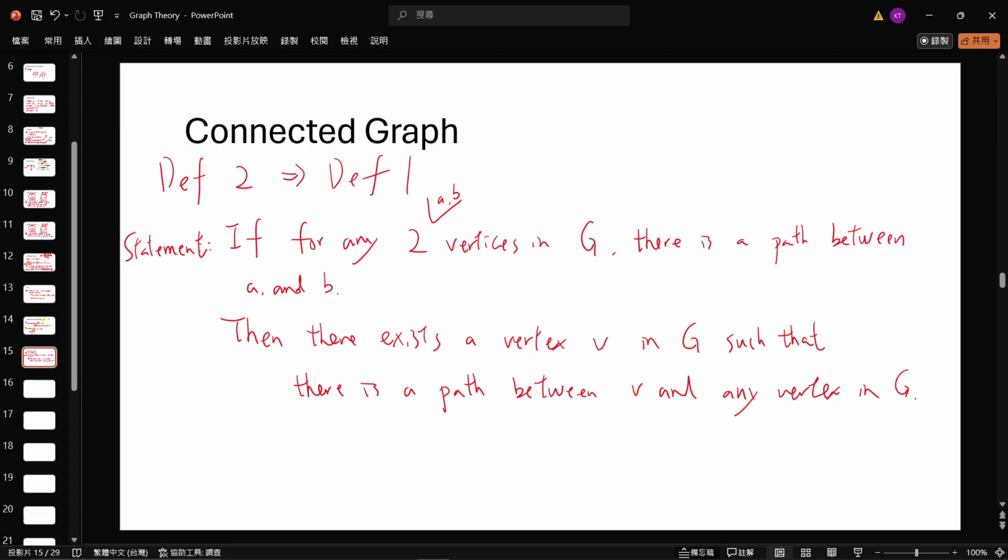Because for any two vertices, there's a path, so actually you can pick any vertex in the graph.